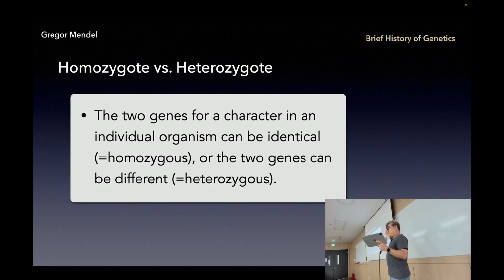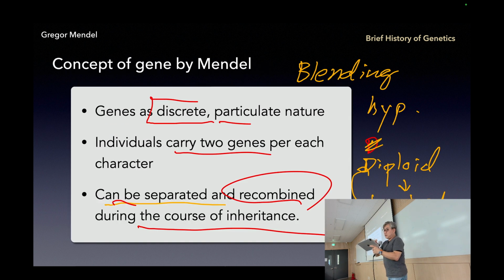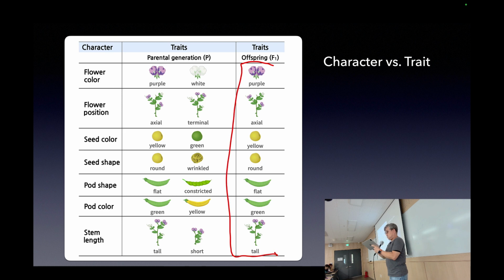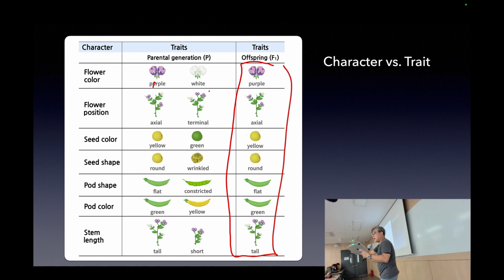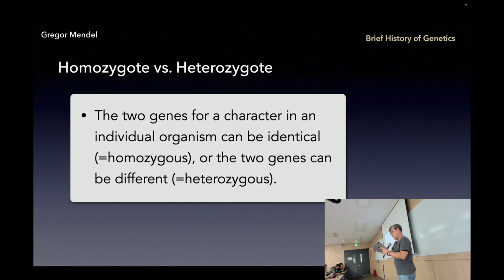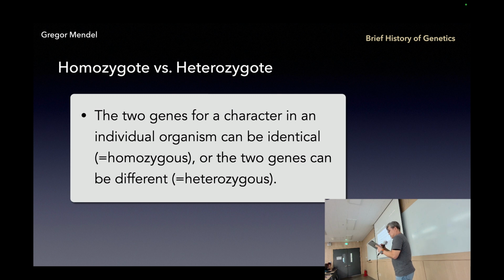This type of mystery can only be explained if he assumed that this trait exists in pairs, and then got separated and recombined in the next generation. And here there was some kind of hierarchy.